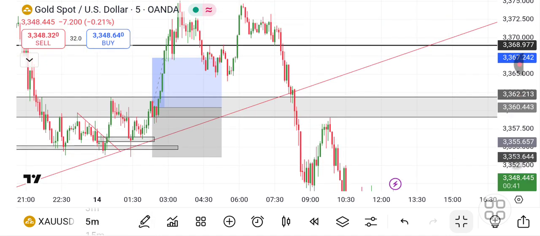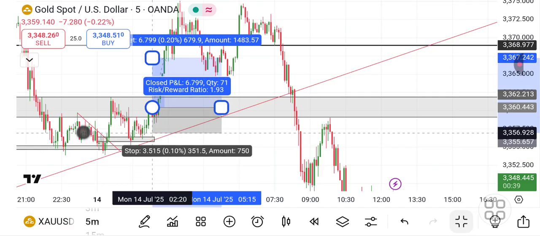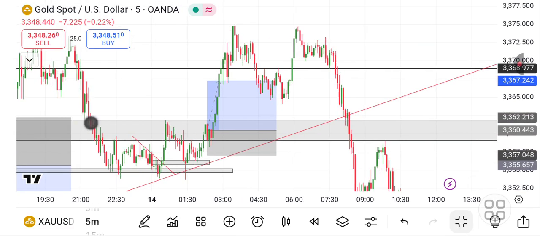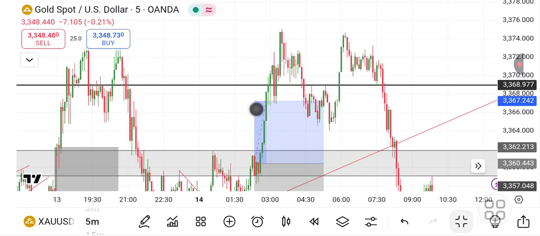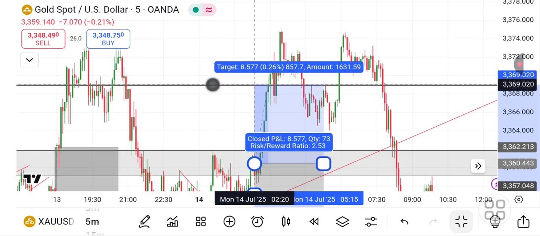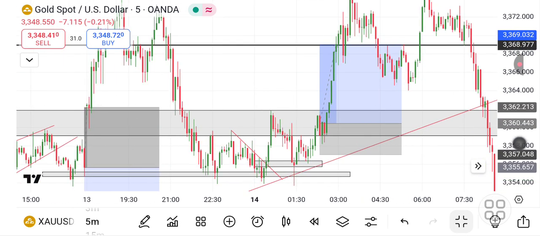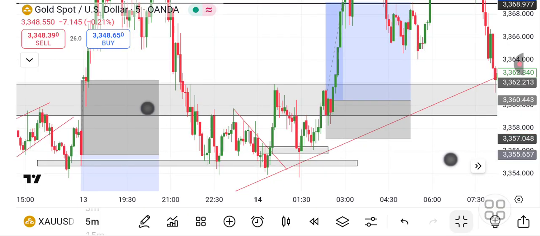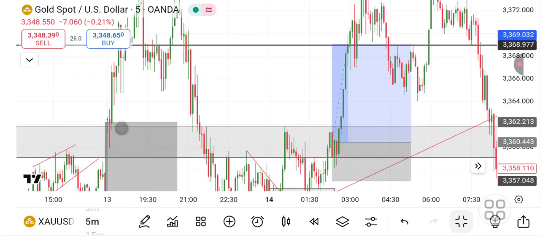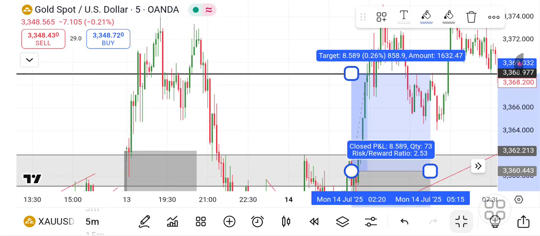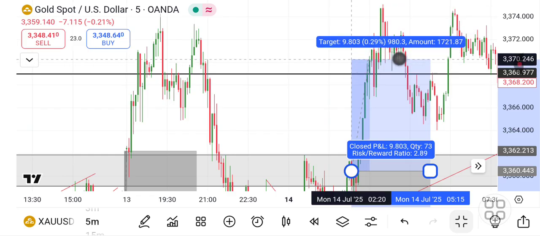My SL was just below right here, and my first TP was right there, if I don't forget. Yeah, that was the setup. So it was 2 to 95, 2 to 95.